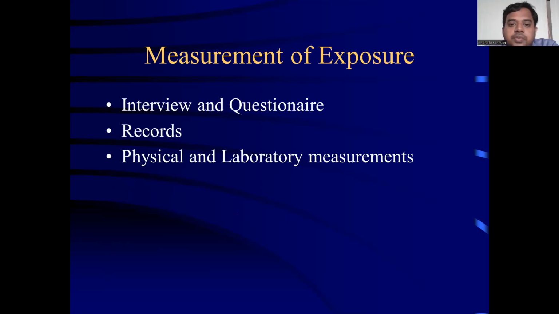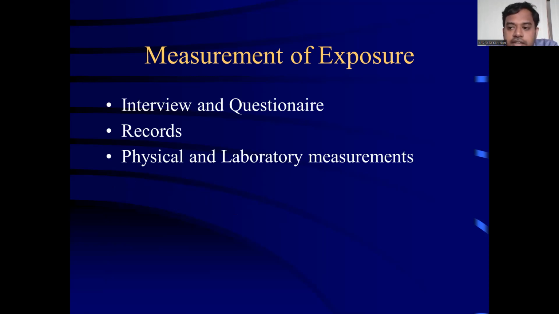And measurement of exposure: now we have got a case, we have got a control, and we have done the matching. Now we are going to measure the exposure, or we are going to take the history backwards, or retrospectively. So the techniques which we use are interviews and questionnaires. Then for some diseases, when you are checking for cholesterol or any other parameters related to your blood, we can get laboratory measurements and laboratory records.